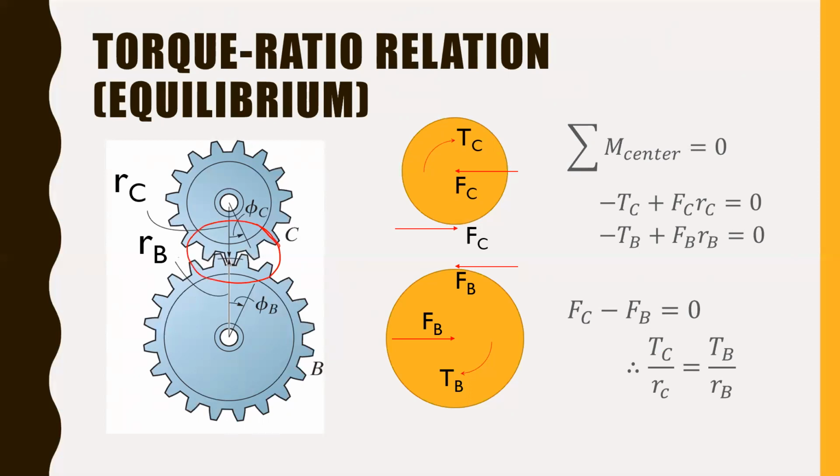So, for example, we might apply this torque here to gear B. That's going to cause the gear to want to rotate in this clockwise direction. Up here at this interface between the two gears, if there's nothing restraining the motion, gear C will rotate counterclockwise, right?